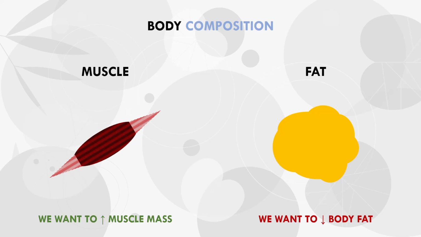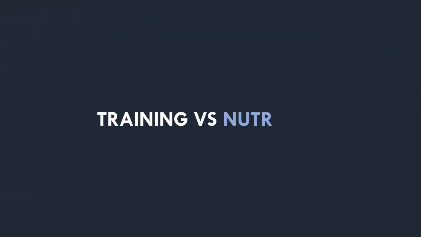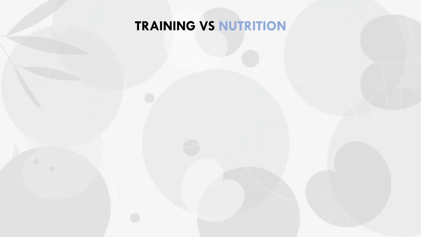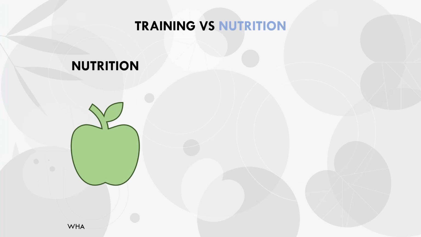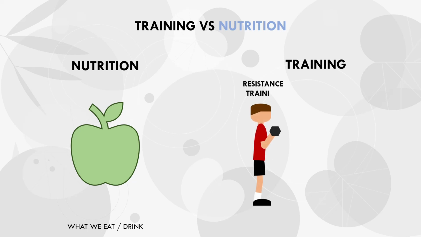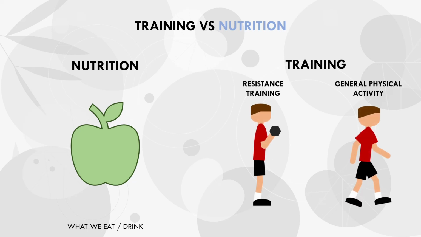To achieve these body composition goals, we need to manipulate our training and nutrition protocols. The nutrition side of the equation is very easy to define. It simply refers to what we eat in a given day. The training side of the equation, on the other hand, is a little bit more complex. To make this as simple and easy to understand, we can break training into two distinct categories. These are resistance training and general physical activity.